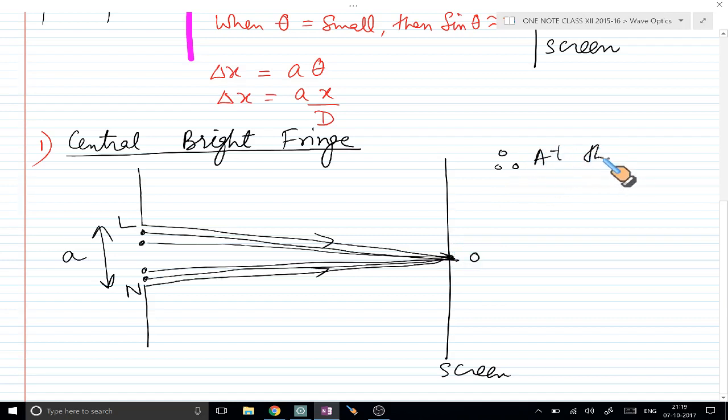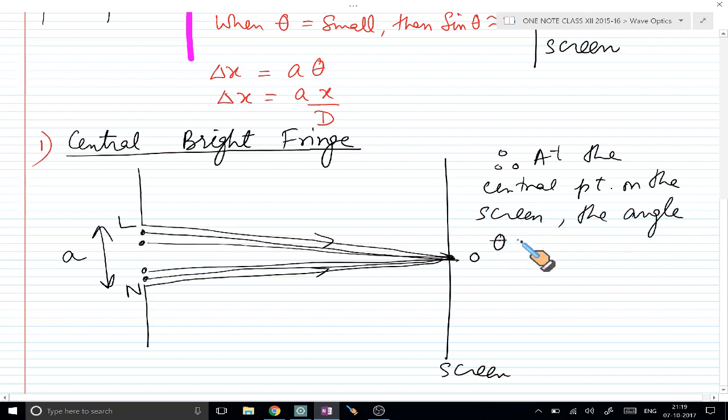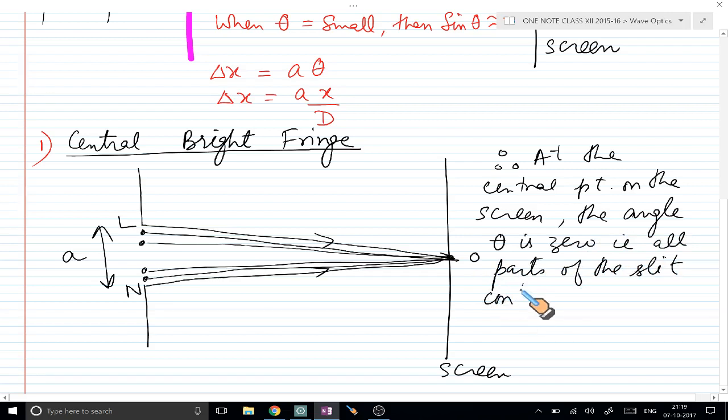At the central point on the screen, the angle theta is 0. That is, all parts of the slit contribute in phase.